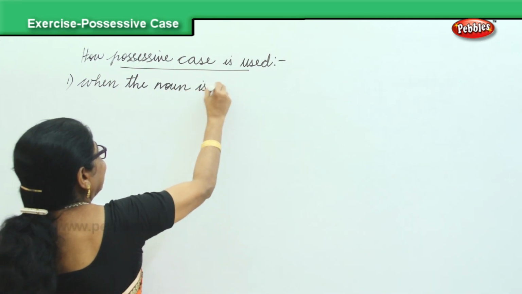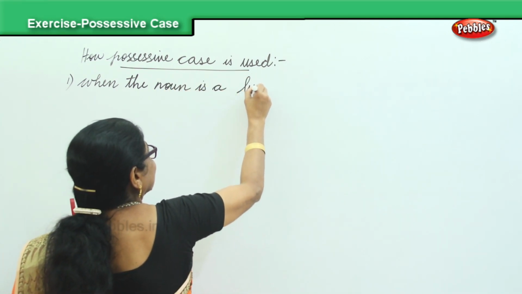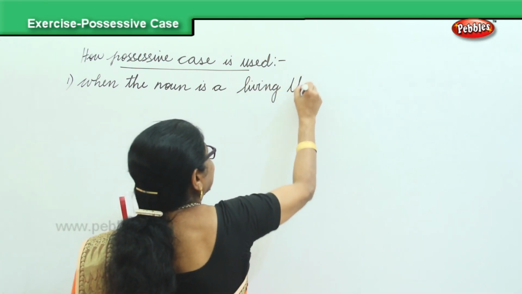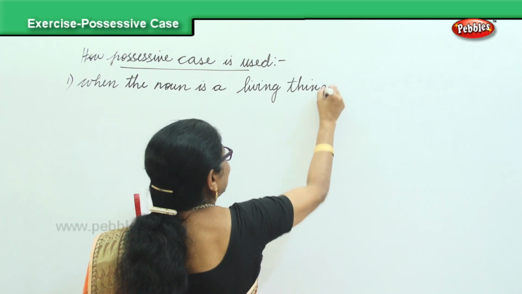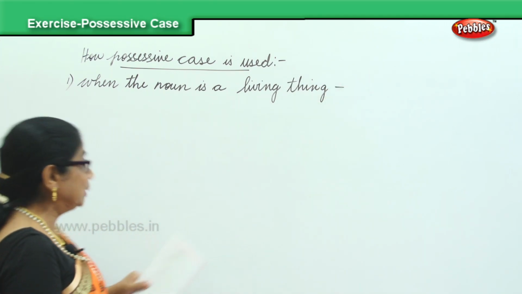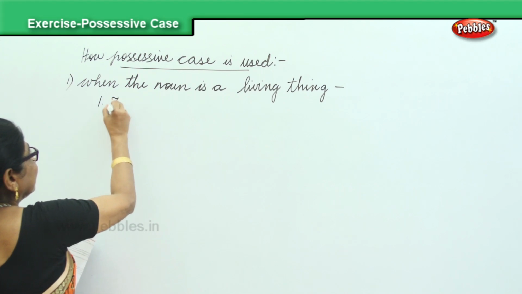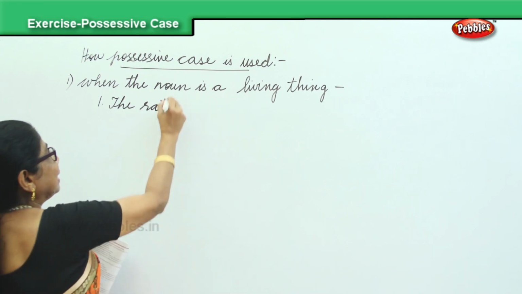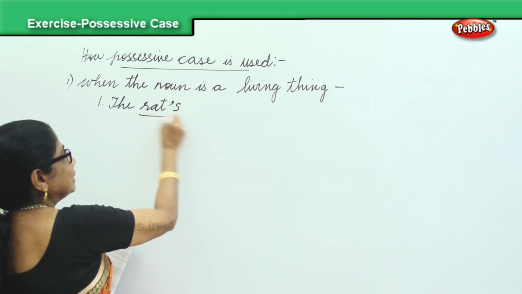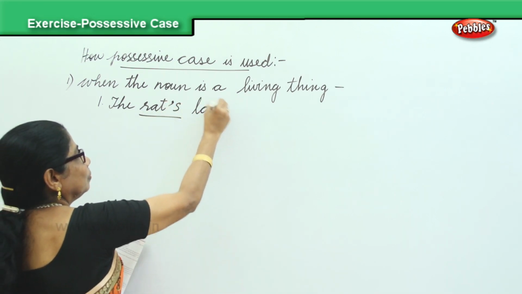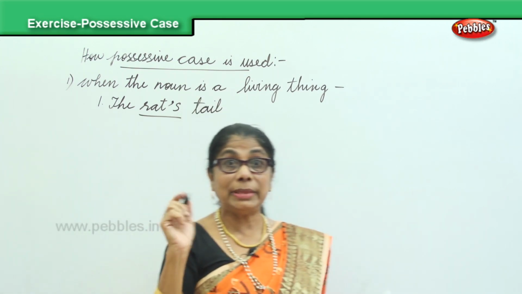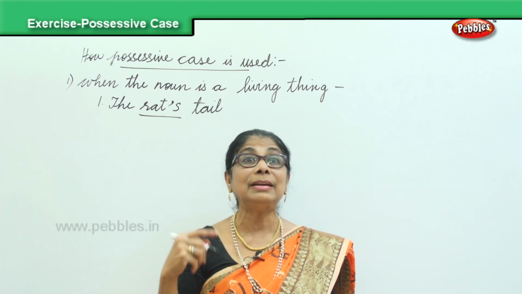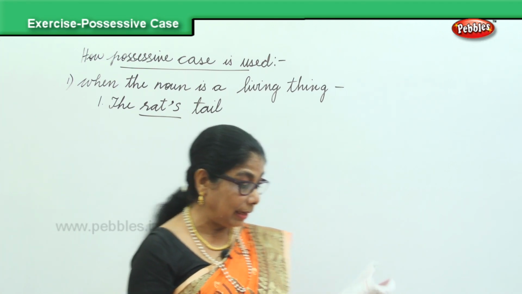Supposing it's a rat, you will say, the rat's tail. When the noun is a living thing, the apostrophe comes after the word: the rat's tail.